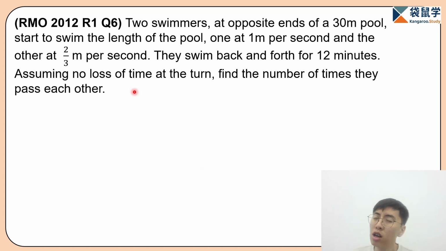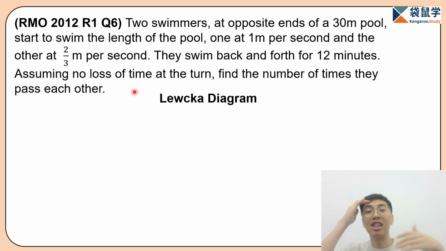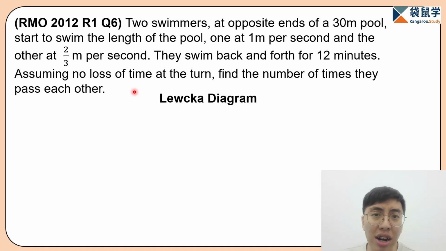In the past, there was a French mathematician called Lucas. And what he did was he invented this diagram called the Lucas diagram, which you want to use to represent both the distance as well as time, so that we can represent everything together in one simple diagram.